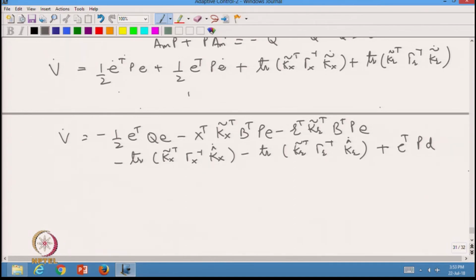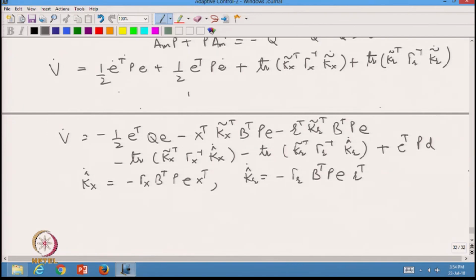Okay, so here of course the control designer assumes that this is a disturbance-free case. So the control design is already done. We have already done the adaptive laws, and they are given as K_x hat dot is minus Gamma_x B transpose P E X transpose, and K_r hat dot is minus Gamma_r B transpose P E R transpose.